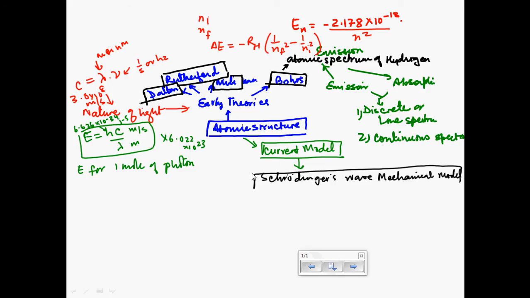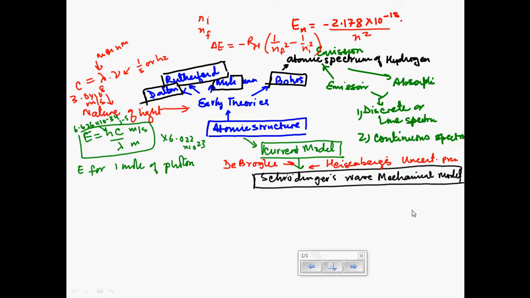There were a lot of theories and discussions before this model was put forward, but the two very important ones that you must remember are de Broglie's hypothesis of dual wave particle nature and Heisenberg's uncertainty principle, saying that it's impossible to find exactly the speed and the location of a particle. And that gave rise to Schrodinger's wave mechanical model.